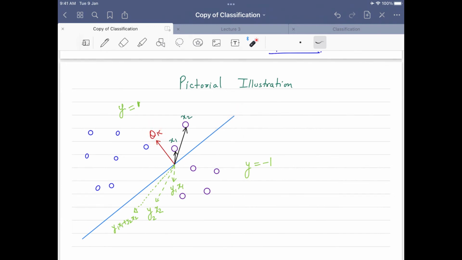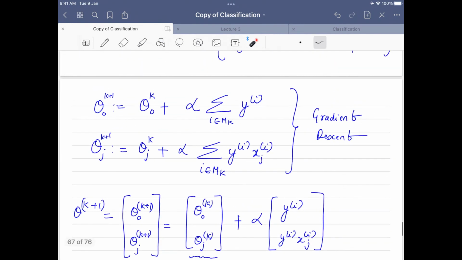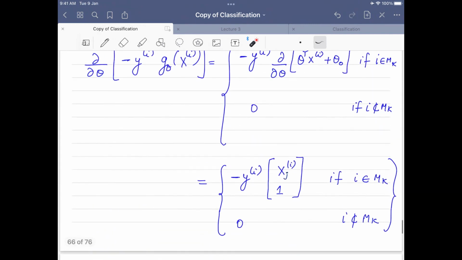Here we connect this point to the vectors x1 and x2. If you recall this expression, you are multiplying the label yi with xj.